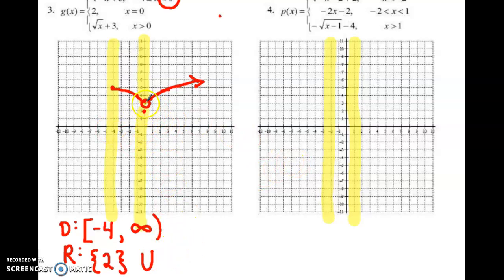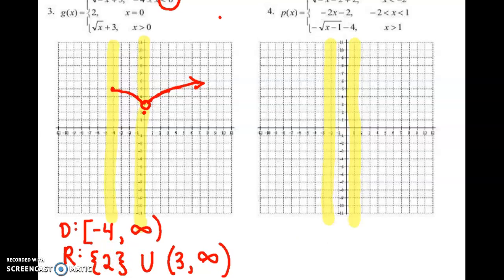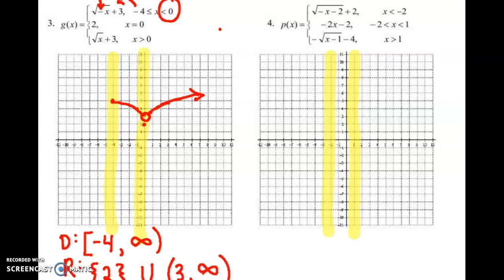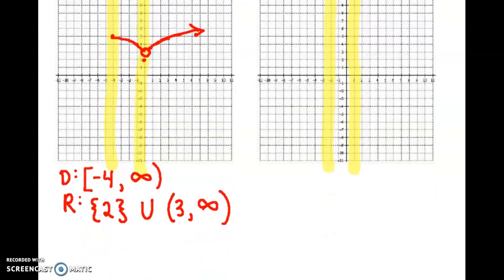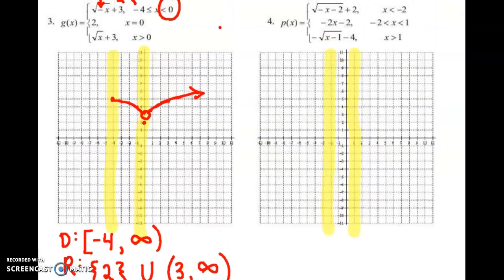We have this jump up to this value of 3, but I don't want to include it because it's a hole, and it does go infinitely up because of this arrowhead. That's how I like to write my answers. So if you just have one single value, you put it in braces. All right. And I have one more problem, and then you should be set to go for the homework.